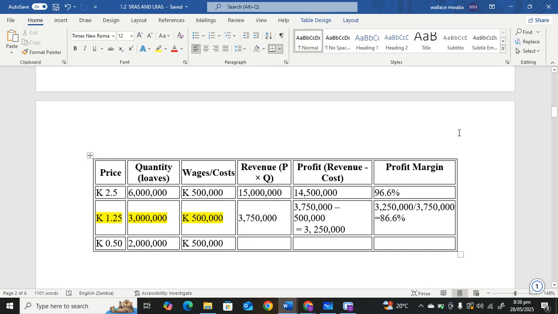Because sometimes when price levels go up, some businesses won't just adjust their prices there and then. They first need to plan and see, okay, price level has gone up, how much are we going to start charging, what do we need to do. So you find prices are not going to go up there and then.